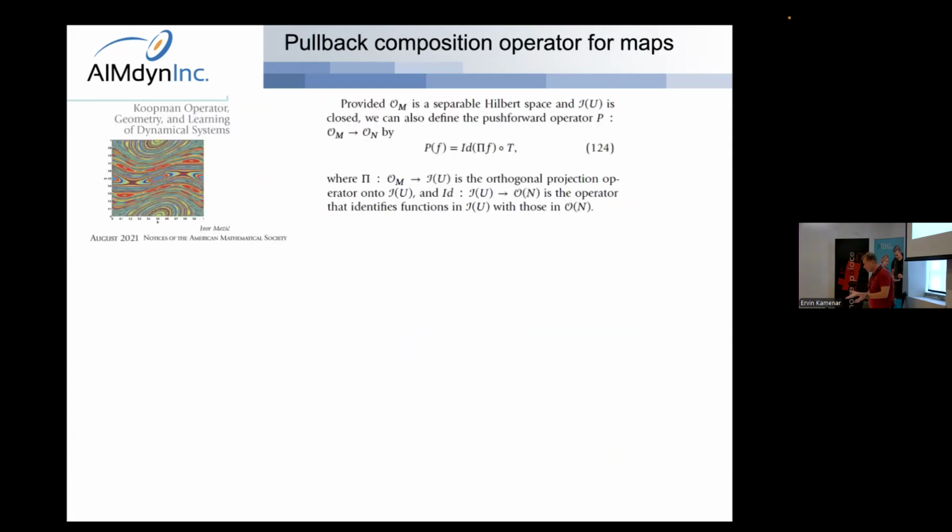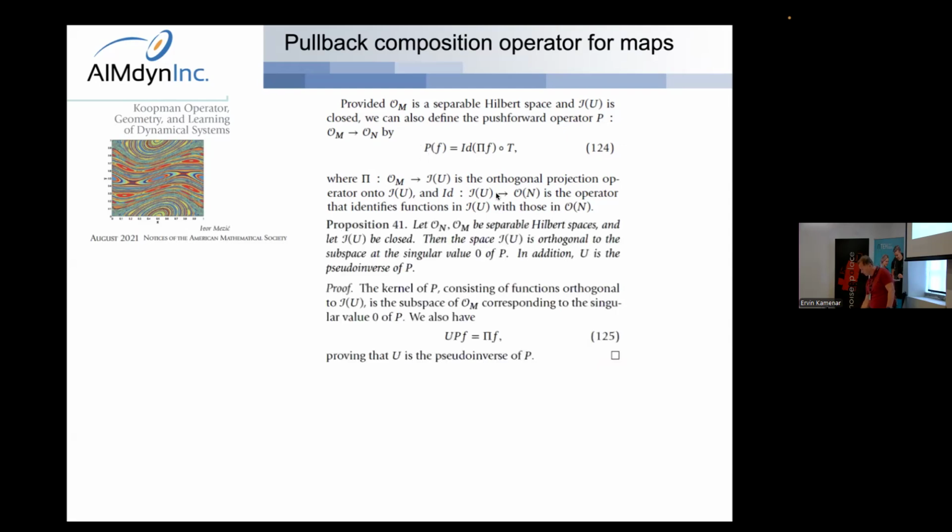There is also the pseudo-inverse. So you start with some function F on M, you project to the space of functions that are constant on level sets of T, and then you identify this with the functions on N. And if you do that, then you define an operator P. And so that operator, this is an interesting little proposition, under some technical conditions, the image of U, the operator that is equivalent to the Koopman operator, is orthogonal to the subspace at the singular value of 0.